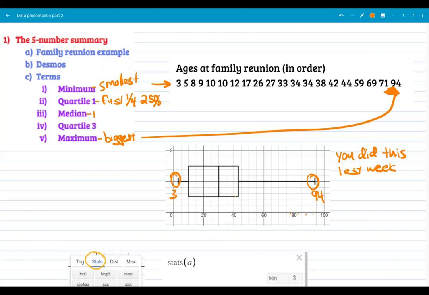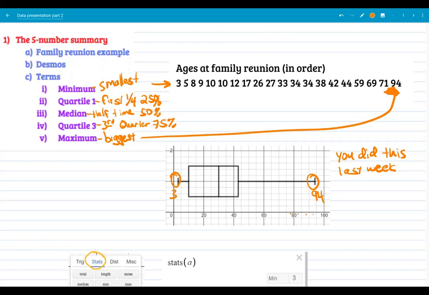Median is the halftime, or the 50th percent. Quartile 3 is the third quarter, which gets you to the 75th percent of people. And the maximum, that's the end of the game. The game's over, full time.